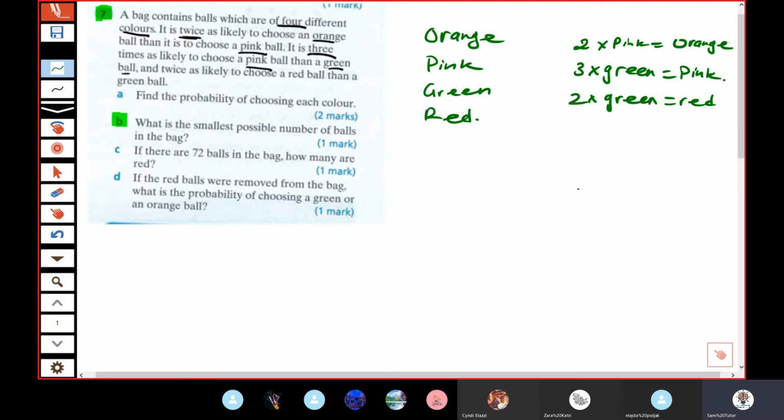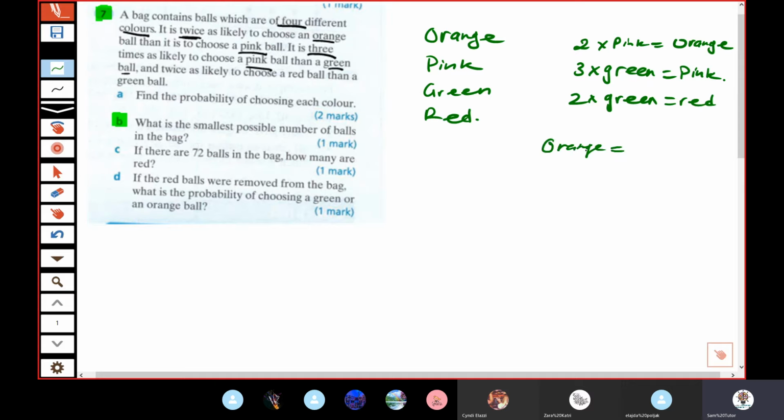All right, let me have a think now to make this easy for you guys. Find the probability of choosing each color. That's a hard one for you guys, I think. Because then you have pink is 3 greens.